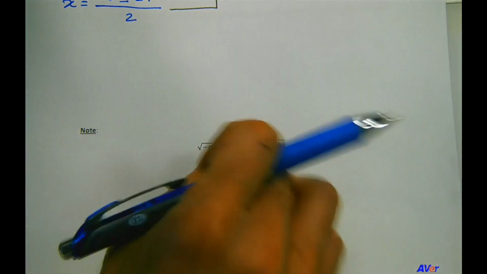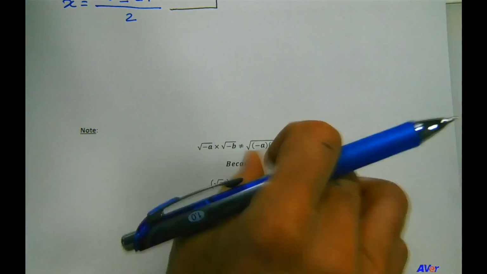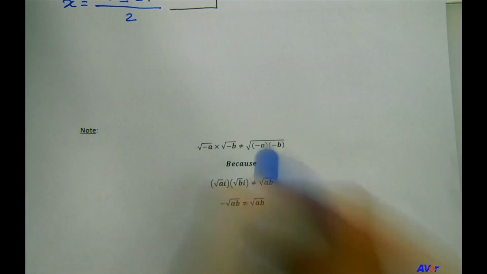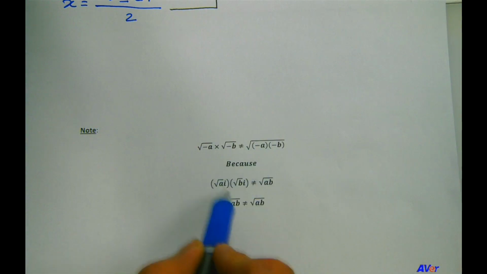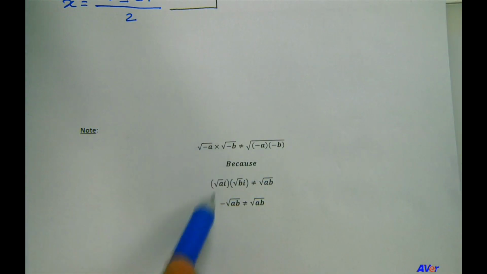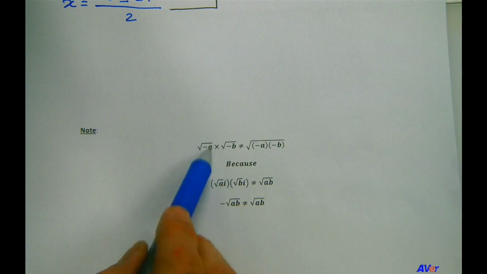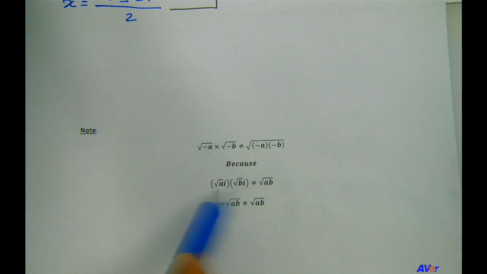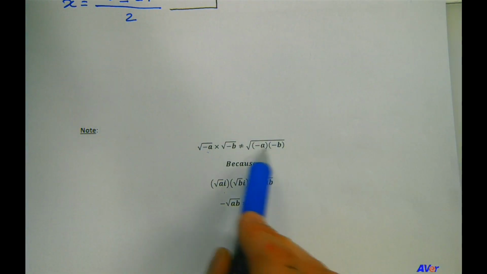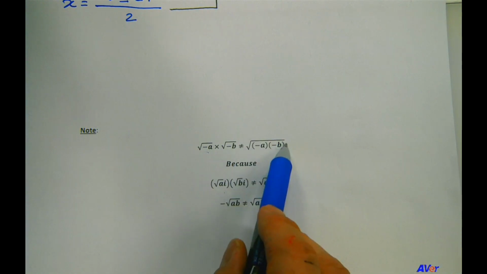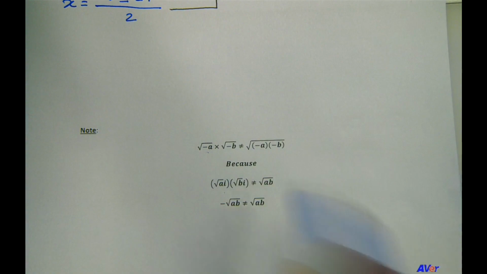Okay, if you had them separate, it's different than if you had them under the same radical expression. Because, so here, we know that the left side is a complex number. Each one is a complex number, which would reduce to that. Then the right side would be, because both negatives are under the same radical expression, you could multiply them and get a positive value. You'd get square root of AB.